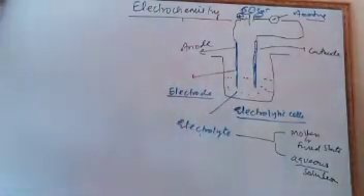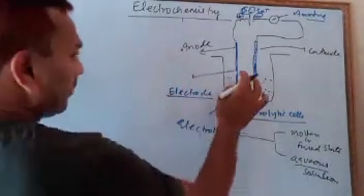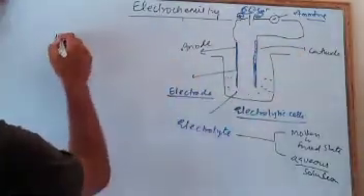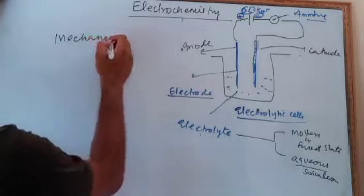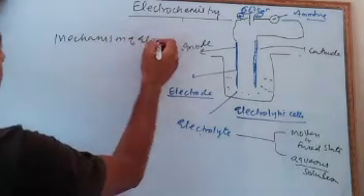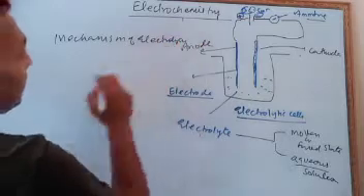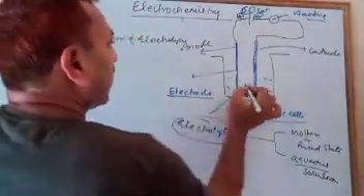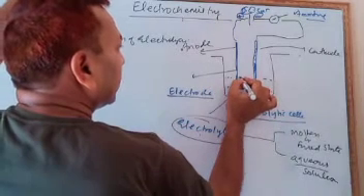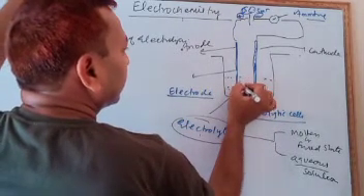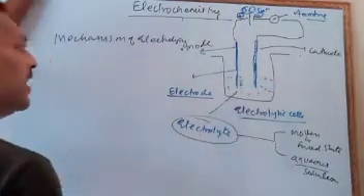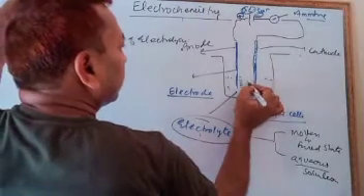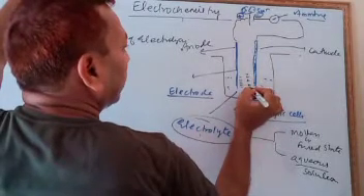Now we will understand the mechanism of electrolysis. It is simple. The electrolyte dissociates into ions. Suppose this is negative charge, present near the anode electrode, and these are positive charges.